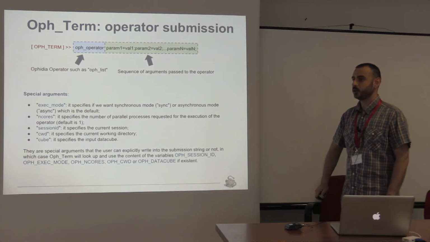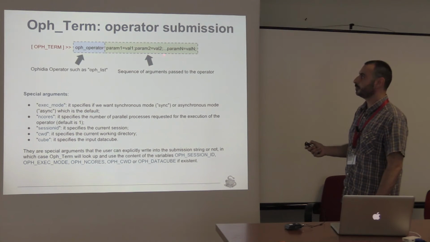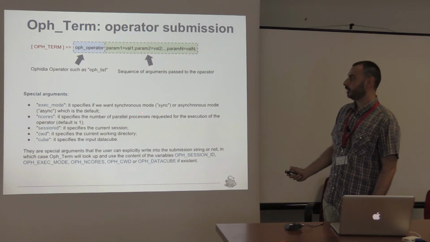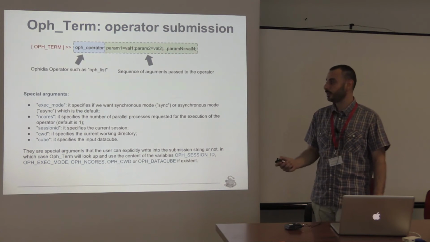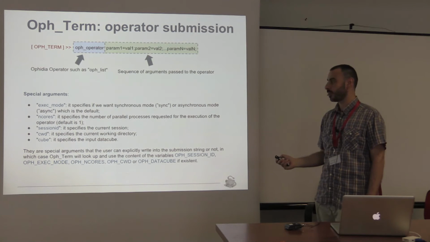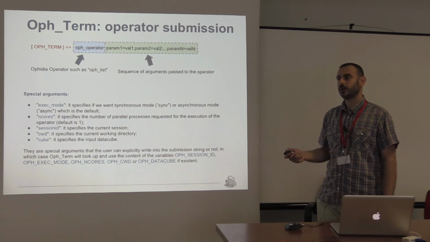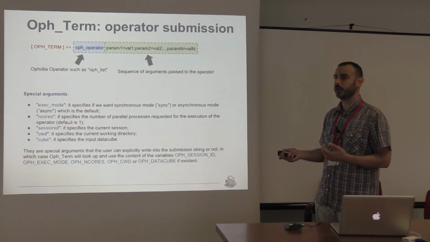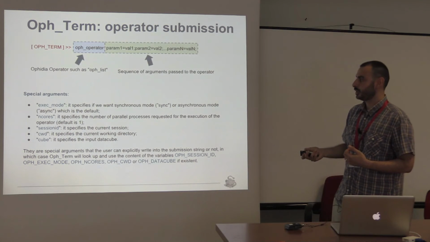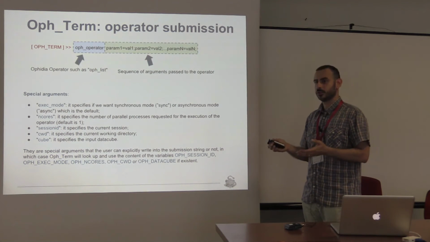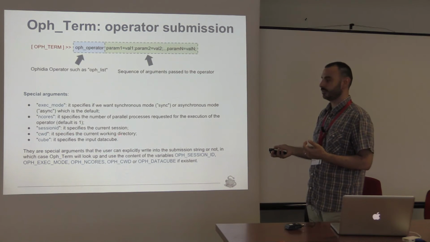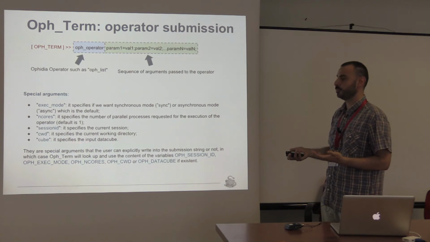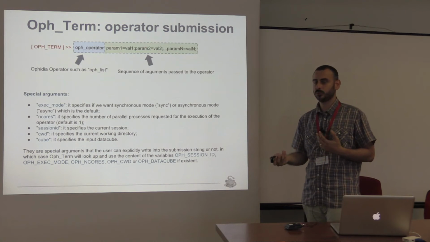Some special arguments you can pass to the input stream: exec mode, if you want to specify that the execution will be synchronous or asynchronous; the number of cores you want to use during the execution, where the default is to use only one; session ID to specify your session; current working dir to specify the working directory; and the queue, so the queue you want to manipulate.